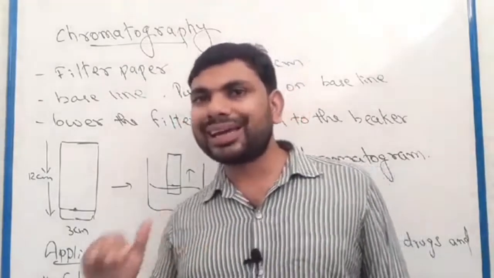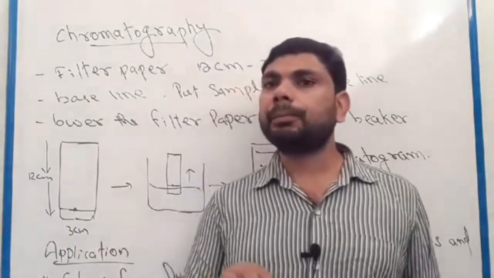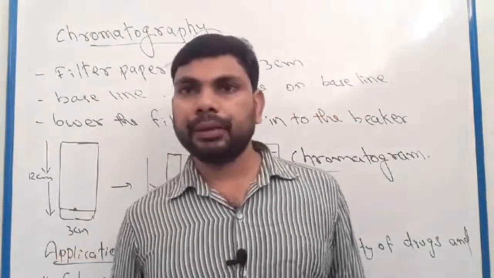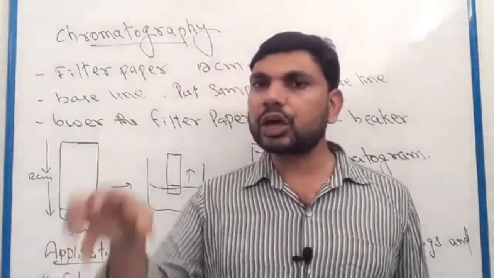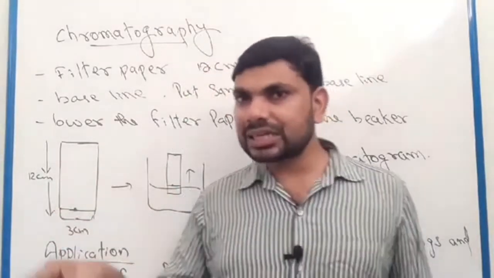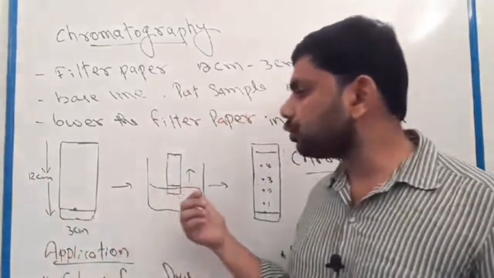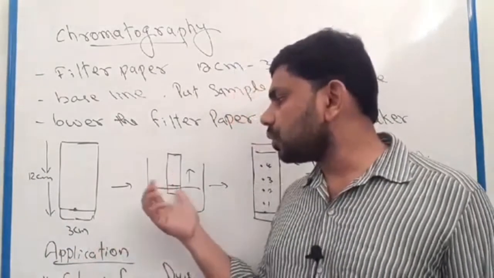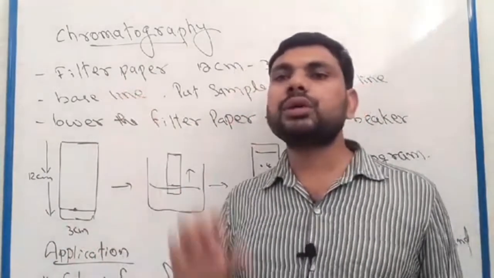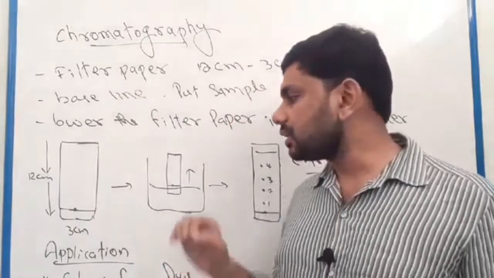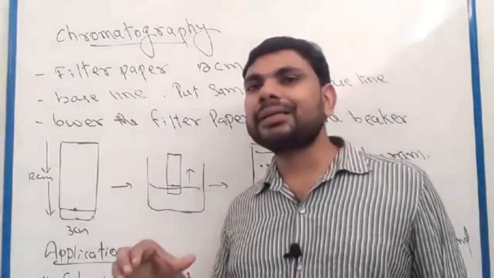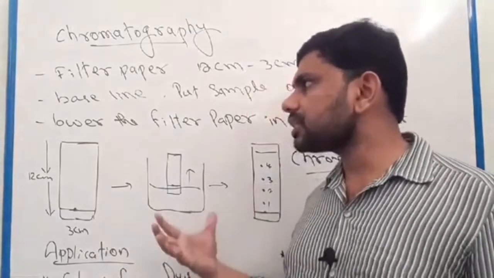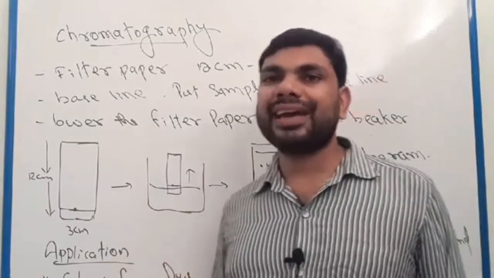At the lower end of this paper we draw a line with a pencil called the baseline, put one drop of mixture on the baseline, and insert this chromatographic paper into a beaker containing water. This water will move upward through the paper and helps to separate different components of the mixture. This process is called the chromatographic experiment.